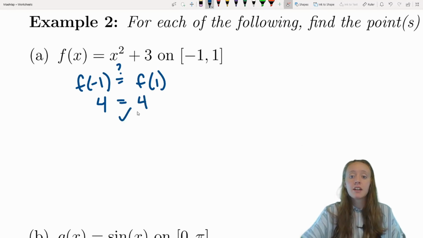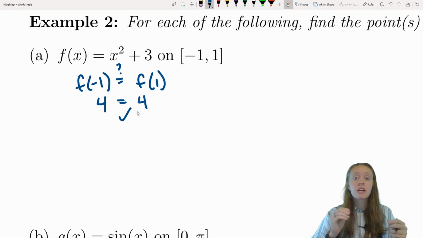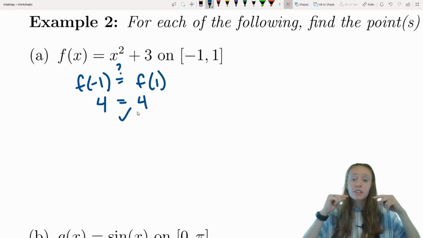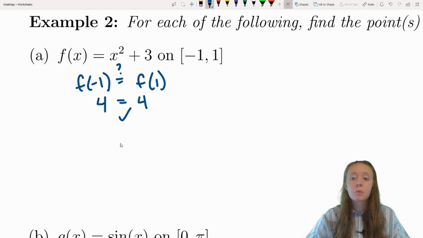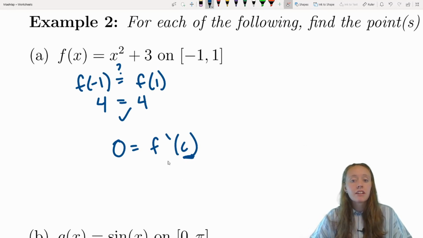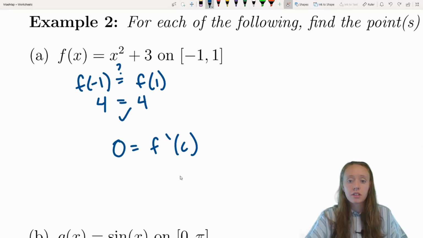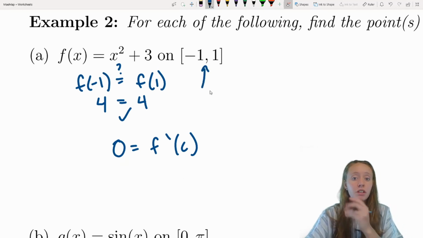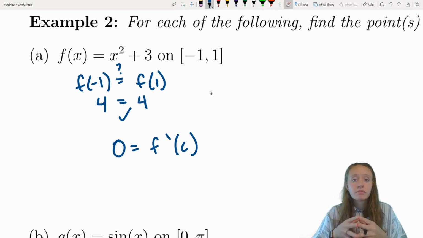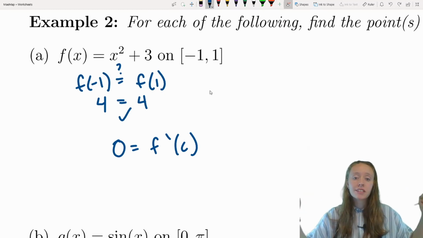So yes, f of -1 equals f of 1, so I know that the slope of my secant line is 0. Now I need to see, when does 0 equal f prime of c? At what point c is the derivative equal to 0? Remember that the c I find has to fall somewhere within this interval. I can have multiple c values that fall in that interval, but if c falls outside of it, then I cannot use it for my answer.